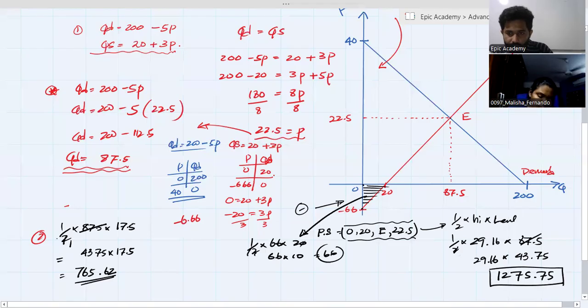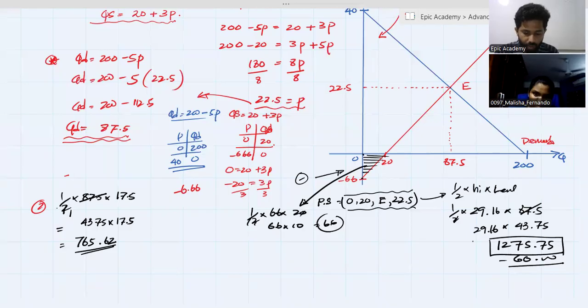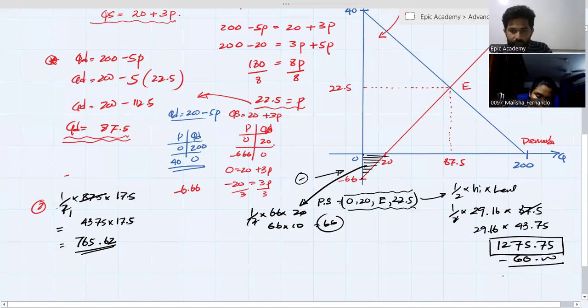Okay, minus 66 from the large area value. So it becomes 1,275.75 minus 66 equal to 1,209.75. This is the area.